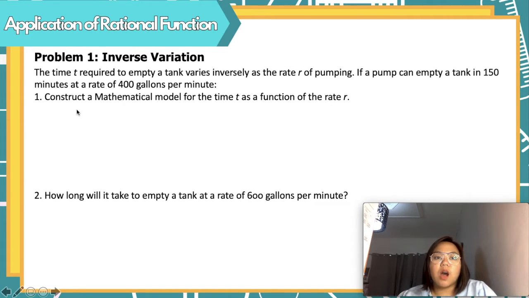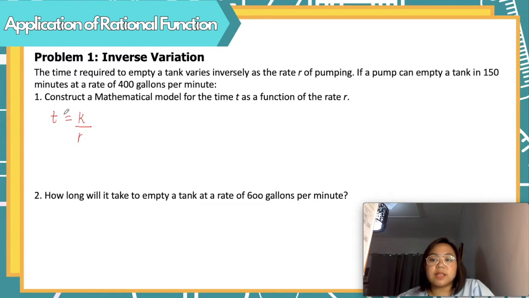To do the mathematical model or the function, first we have to convert this sentence to an equation. When you say the time t required to empty a tank varies inversely as the rate r of pumping, it means that t is equal to some value of k over the rate.